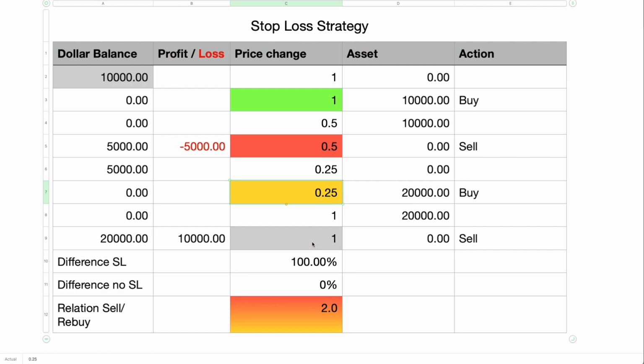If it now goes up to $1 again, and I really hope that this will be the case someday, you will actually have, because you now have 20,000 XRP, $20,000, which will give you 100% profit.